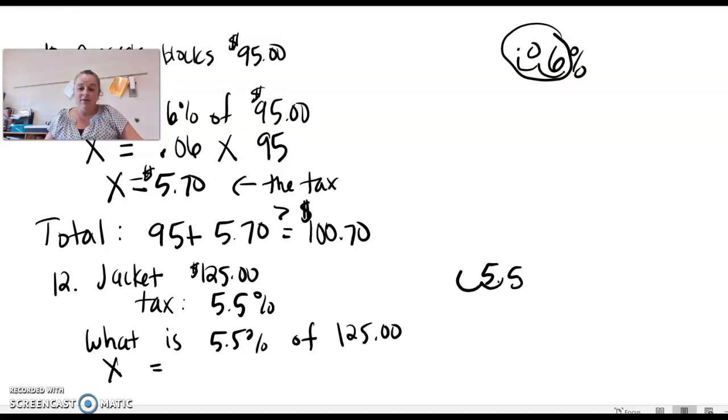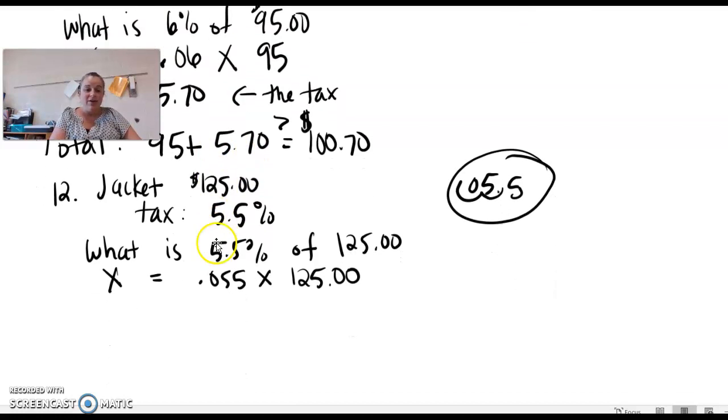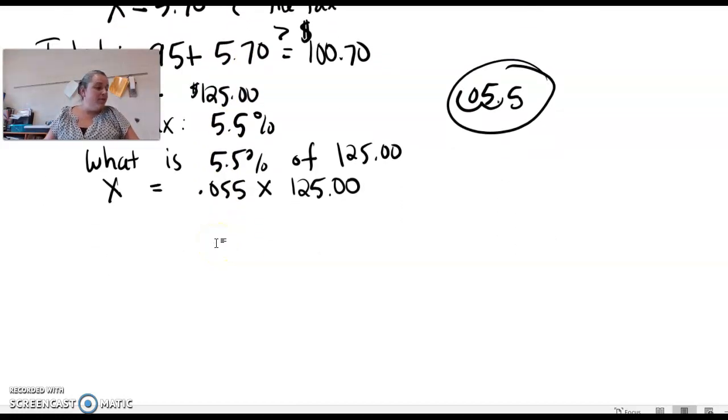Move it over twice. So you're actually looking at 0.055. Of means to multiply. So this will tell you how much is in tax, and then you just need to find me a total. Same thing with 14. Your blanket is $24.99, and the tax is 7%.